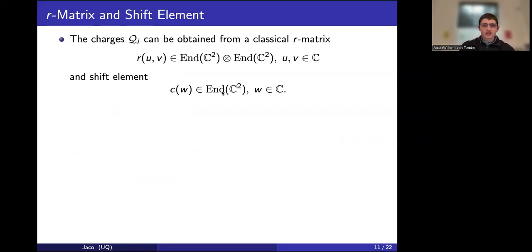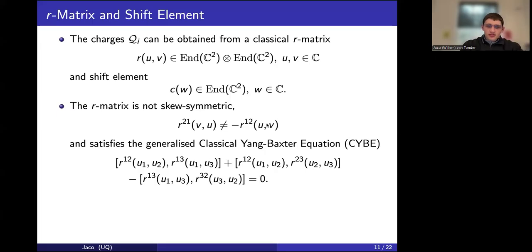So the charges are obtained from this r matrix, which acts from C2 tensor C2 to C2 tensor C2. And we get the magnetic field components from what's called the shift element, which simply is an operator from C2 to C2.